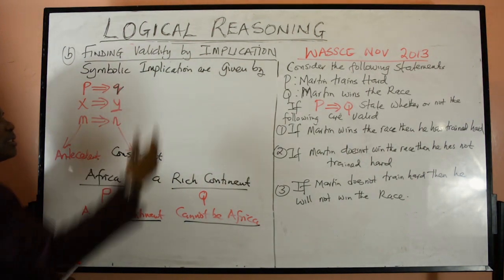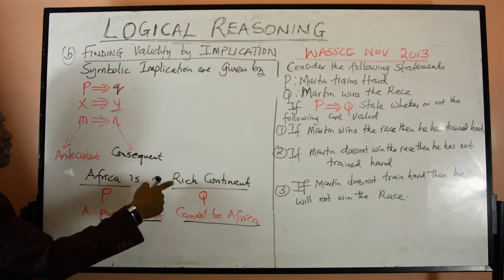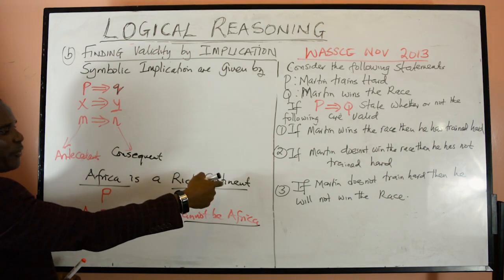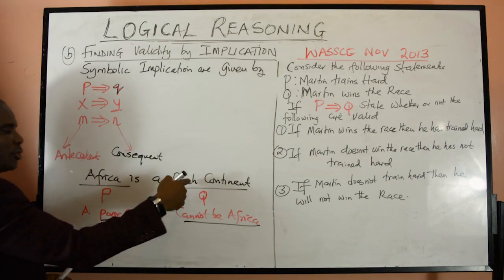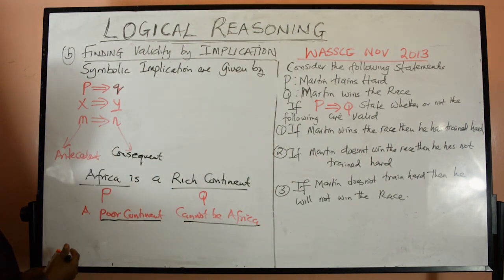When that happens, that implication is going to be valid. What do I mean by that? The consequence is the second statement that follows, and the first one is the antecedent. If the negation of the consequence implies the negation of the antecedent, then that statement becomes valid.